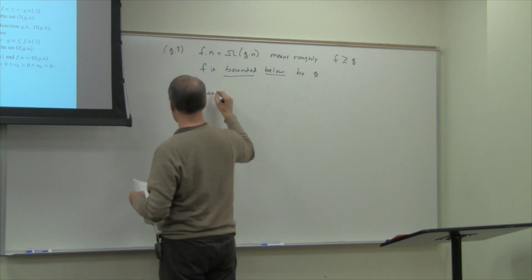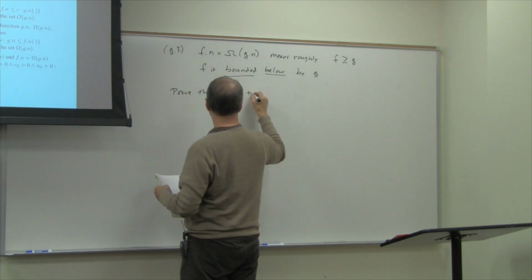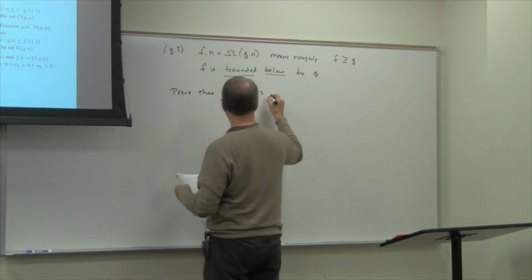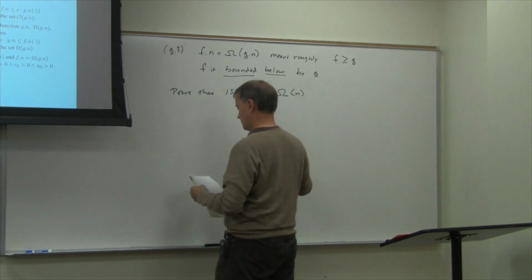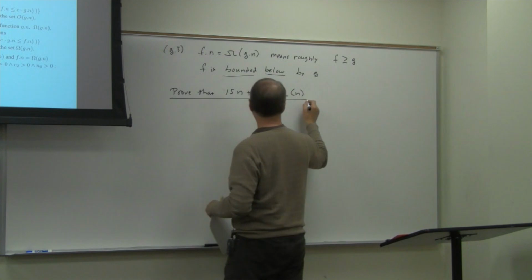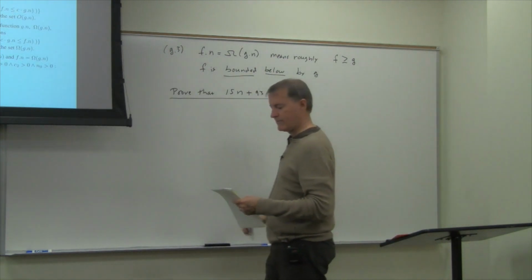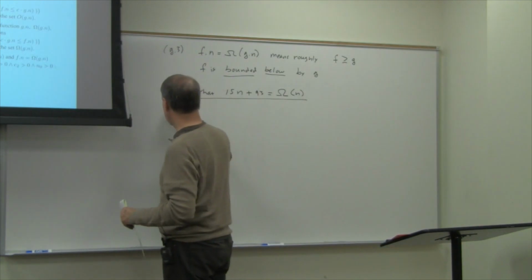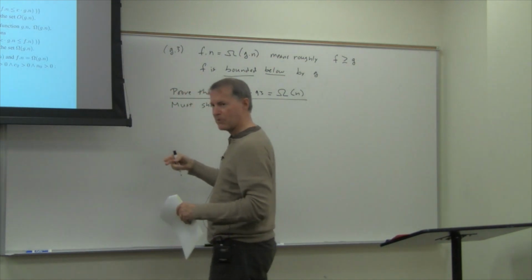Let's do a couple more examples. Let's prove that 15n plus 93 equals big omega of n. Anytime I ask you to prove one of these, what do you always start off writing?